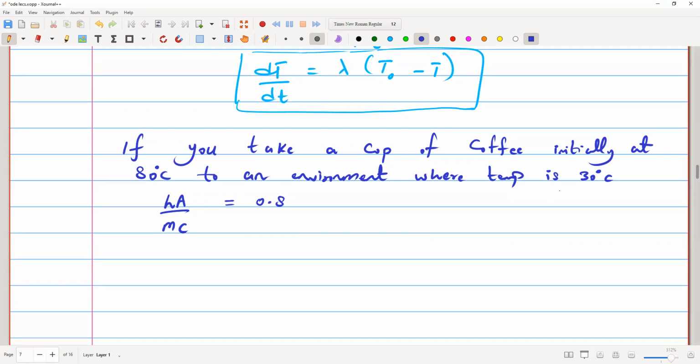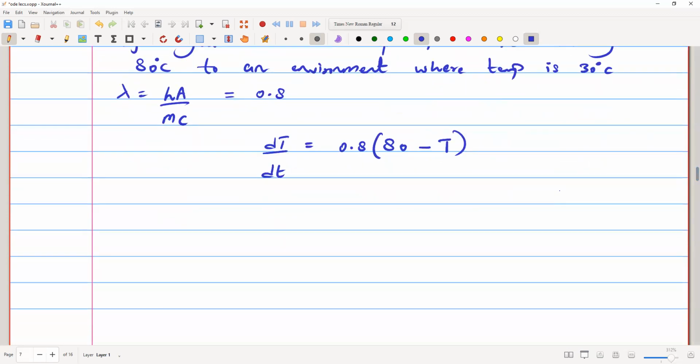So the equation we will have is dT over dt equals, now this is actually lambda, so we can write 0.8 times T naught, which is simply the room temperature, minus T, the temperature of the coffee at any time t, right? Now we can see that this is a simple separable differential equation, or we can solve it as a linear differential equation as well.